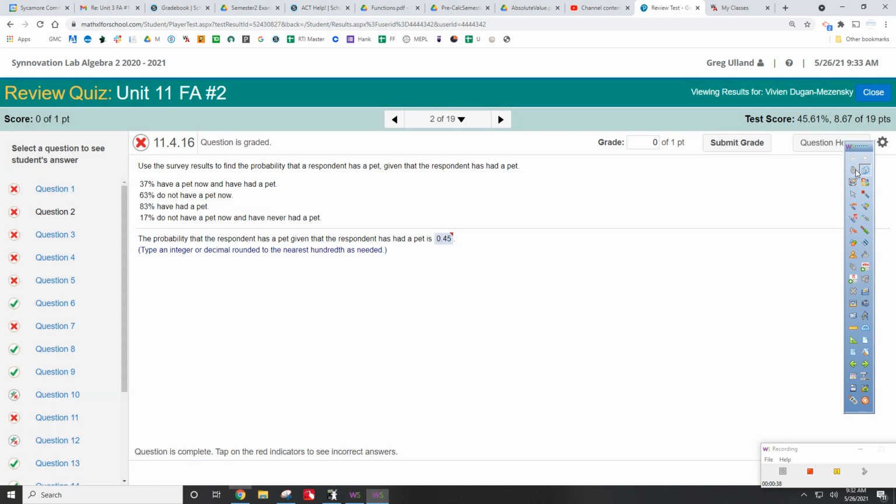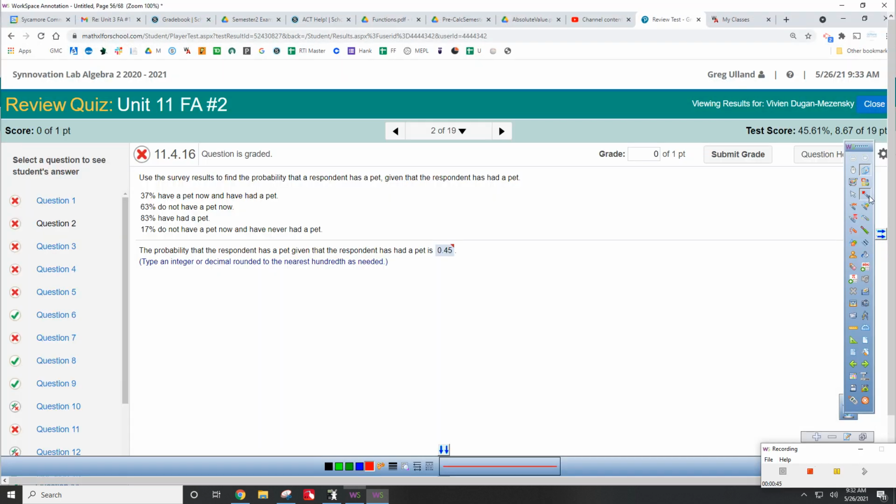Okay, now this is the hardest question on the test. This is called conditional probability. You learned about it in section 11.5. The rule is this: if the probability of A given B happens, so if you know that B happened, and that has an effect on the probability of A, then A is conditional.